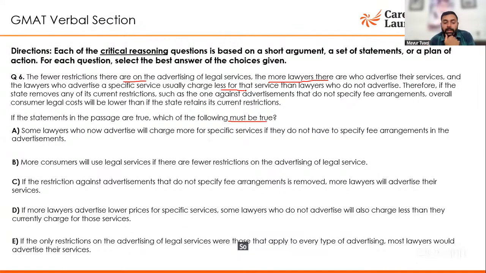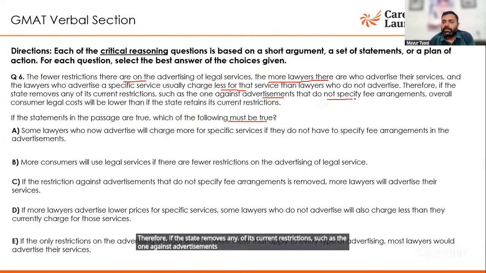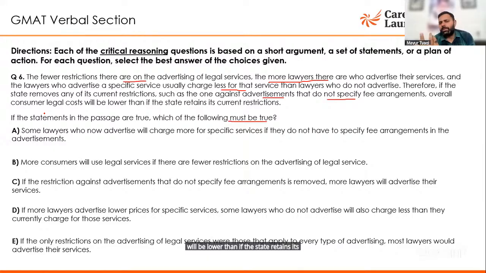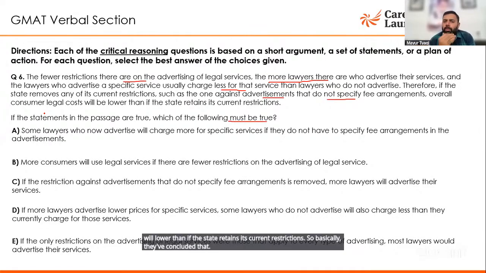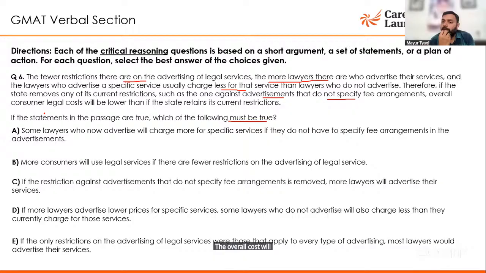So basically, if there are fewer restrictions, more lawyers will advertise and they will charge less. Therefore, if the state removes any of its current restrictions, such as the one against advertisements that do not specify fee arrangements, overall consumer costs will be lower than if the state retains its current restrictions. So basically, they've concluded that the overall cost will go down if they remove any of the restrictions.